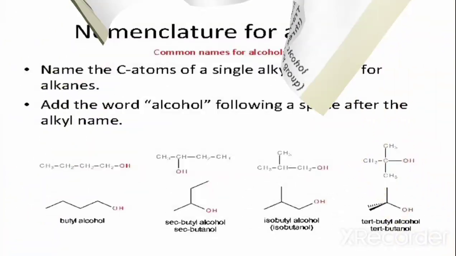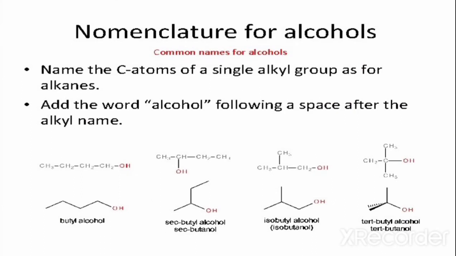And next is the nomenclature of alcohols. Firstly, we will see the common names for alcohols. This is the easiest. The first step is to name the carbon atoms of the single alkyl group as for alkanes, because when we name alkanes, we count the number of carbon atoms and name it according to the carbon atoms present in the compound.